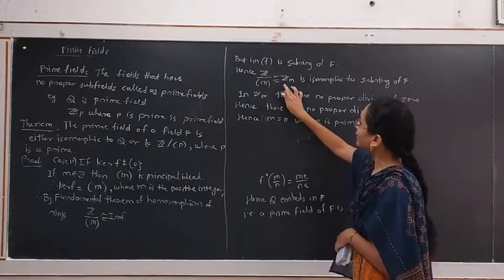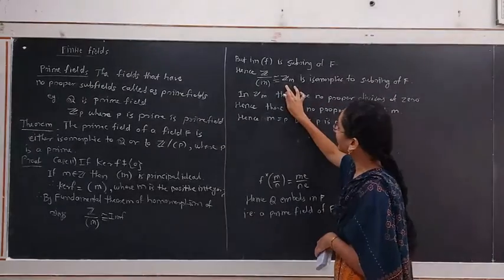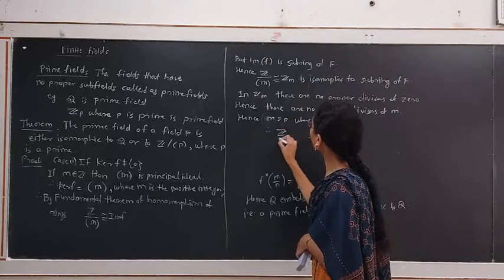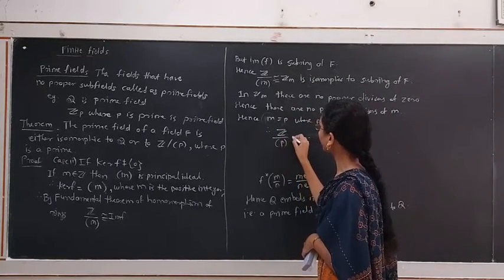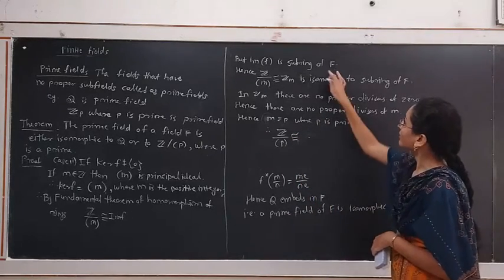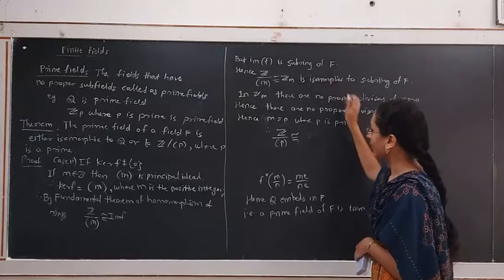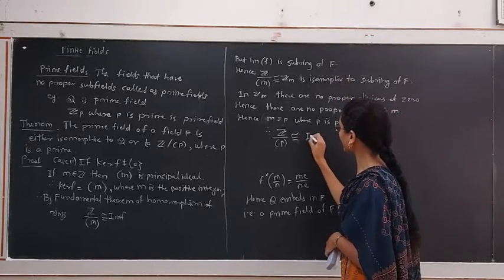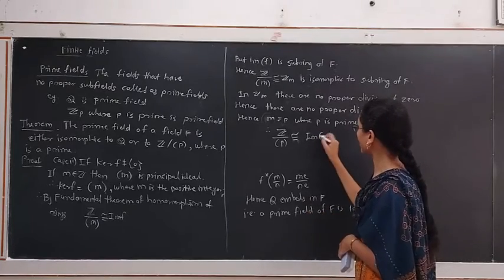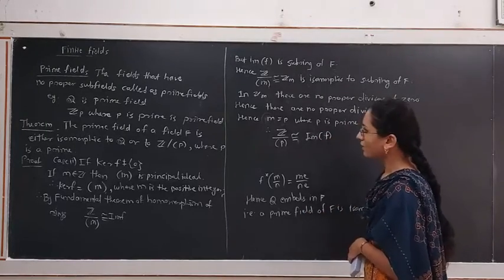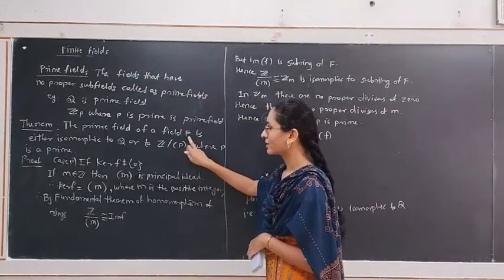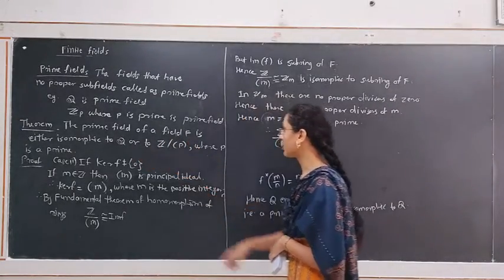Therefore, by the fundamental theorem of homomorphism of rings, we get Z upon the ideal generated by p is isomorphic to image of F. That image of F is a subring of F. Hence, we get the prime field of a field is isomorphic to Zp.